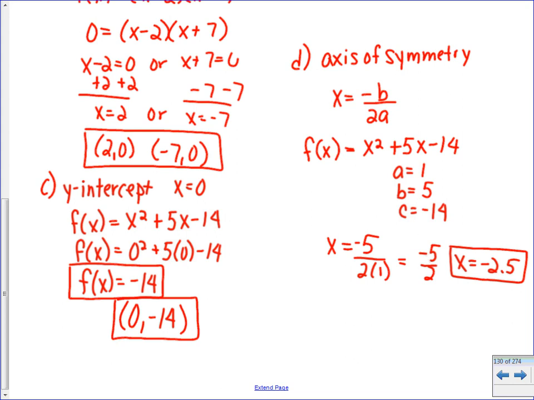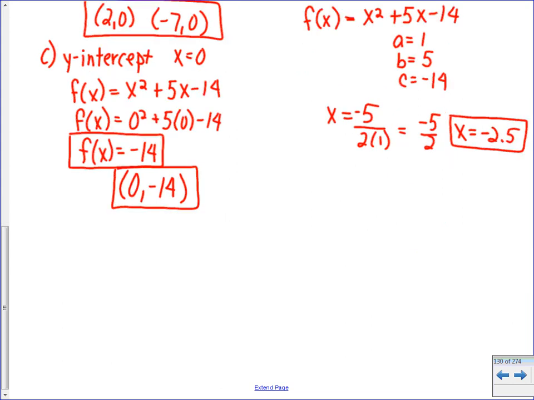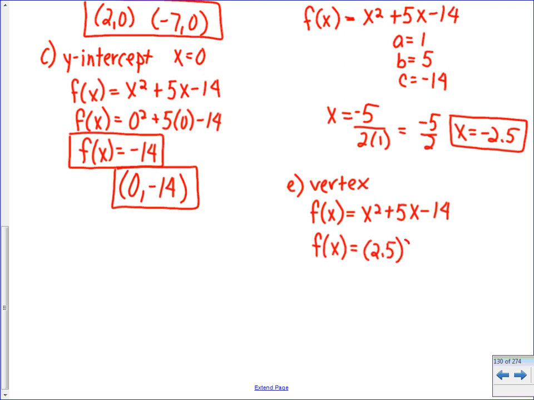The very last thing that I have to find is my turning point, or my vertex. So again, you're going to use your equation, f(x) is equal to x squared plus 5x minus 14. My turning point happens to be on my line of symmetry, so I know that the x value is going to be 2.5. So I'm going to substitute in 2.5 every time I see that x.